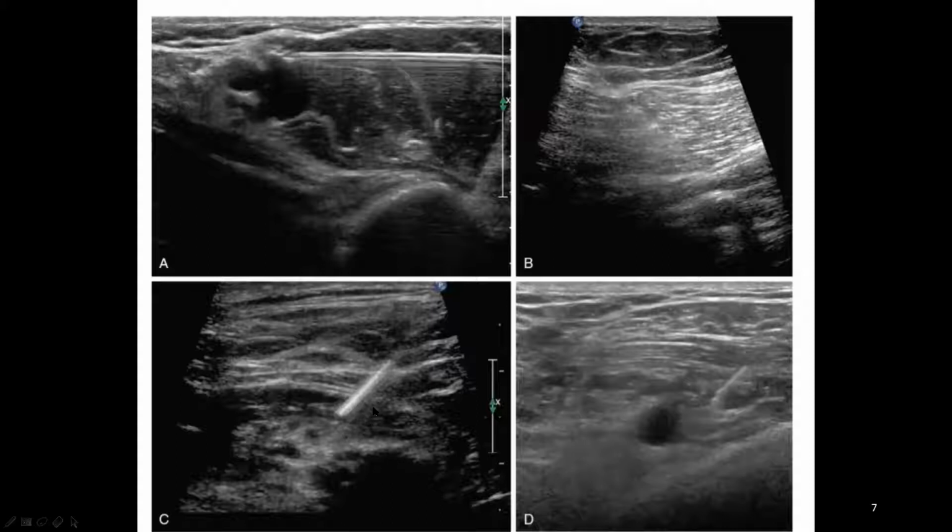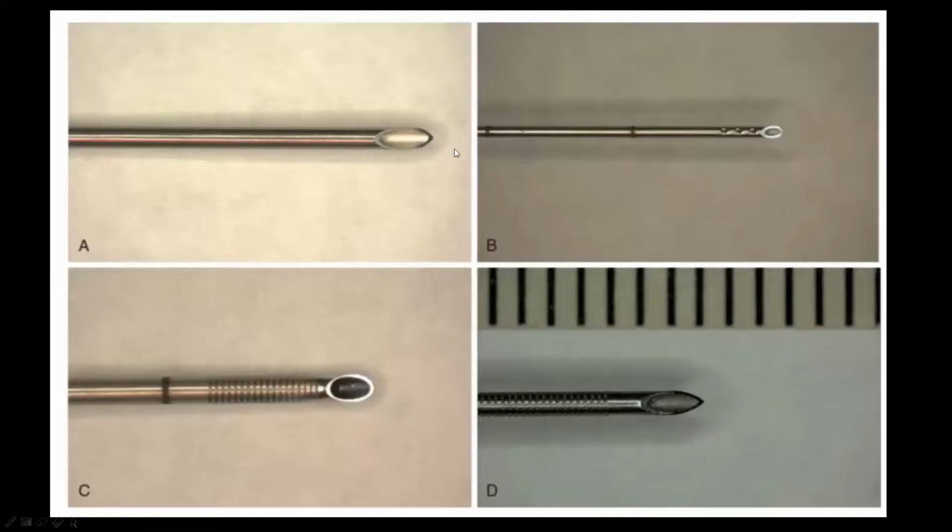So it is better to use an echogenic needle. In this picture, A shows a standard smooth metallic surface needle, which we used earlier. But because of poor visibility issues, we have now started using echogenic needles. They have an uneven surface, not a smooth surface, which makes the visibility better.